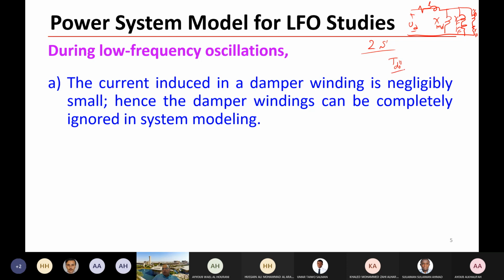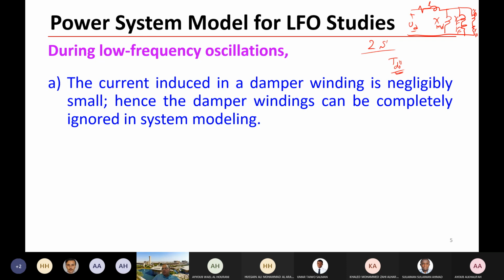If you calculate TDO prime, and we already developed the expression for calculation of this, you don't need to memorize these expressions, but if you want to calculate the time constant for the damper winding, time constant equal to the equivalent inductance over the resistance, L over R. This is the time constant.